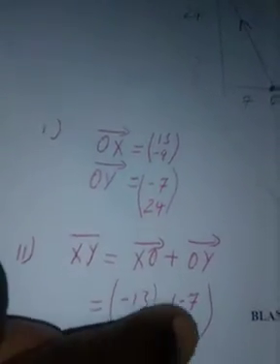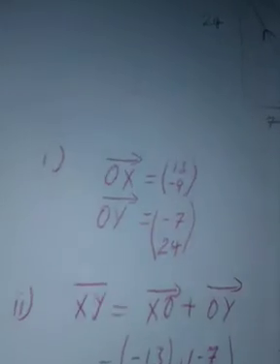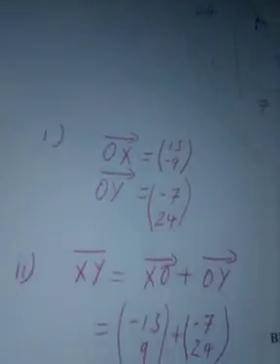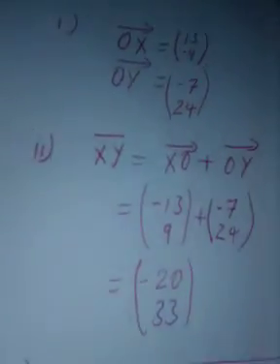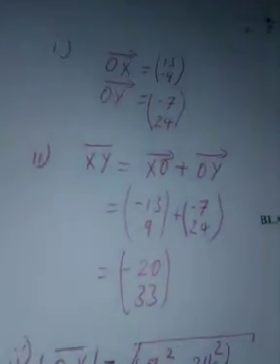Plus OY, minus 7 and 24. Adding them up, minus 13 plus minus 7 is equal to minus 20. 9 plus 24 is equal to 33. What does that mean? I have to move from here over minus 20 units, and then I'm going up 33 units, and that's my vector.